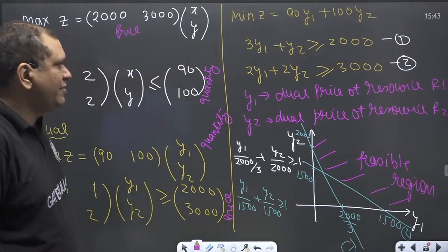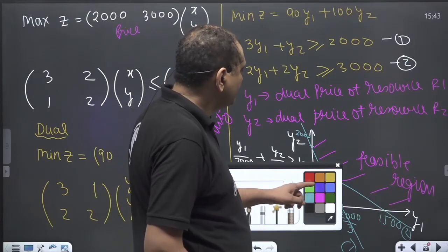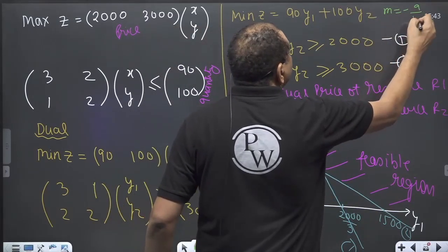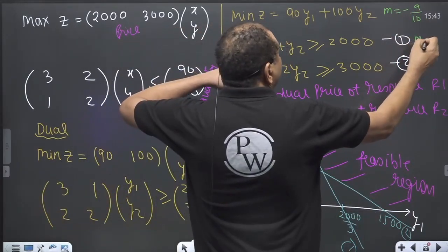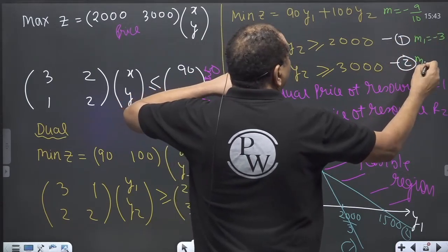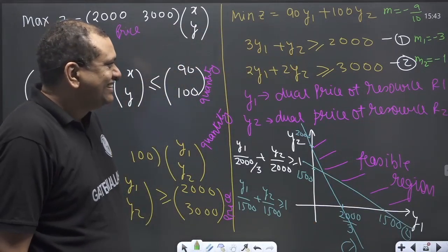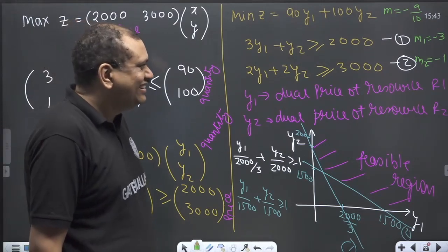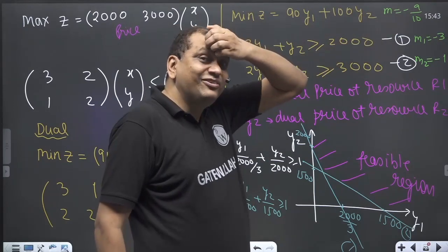Now what is the optimum point? Let us go by the slope method. The slope here is minus 9 by 10. Slope here is minus 3. Slope here is minus 1. So my objective function slope is less than 1.